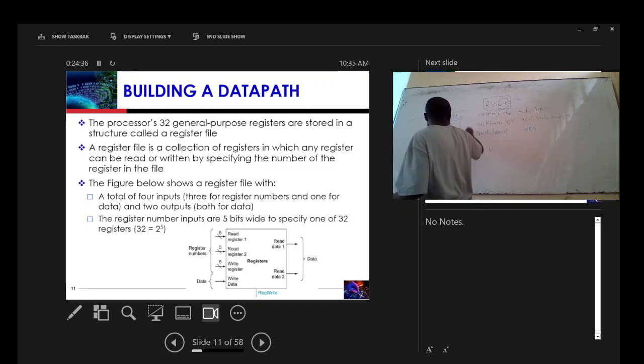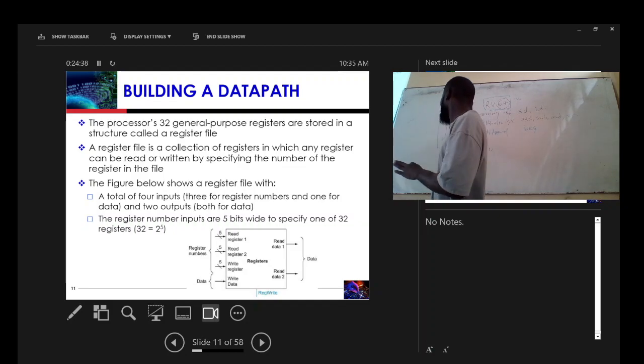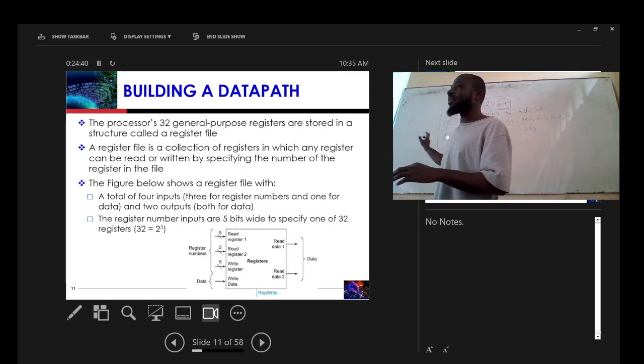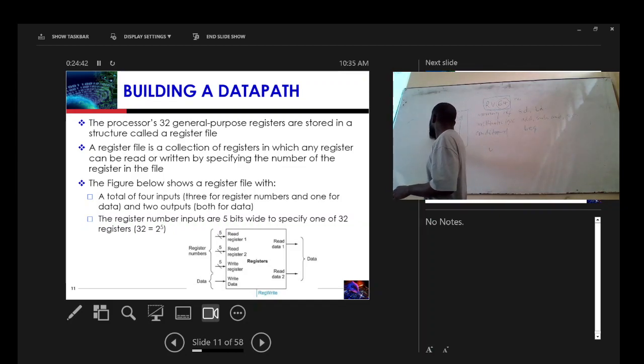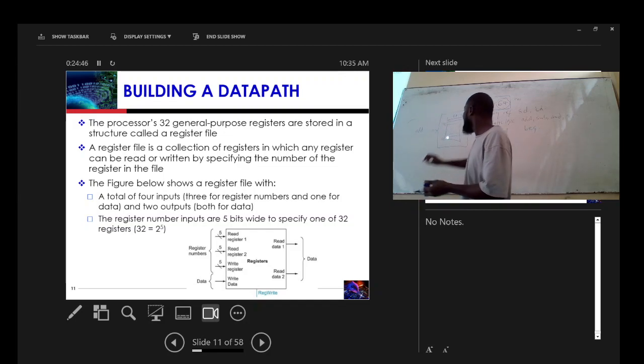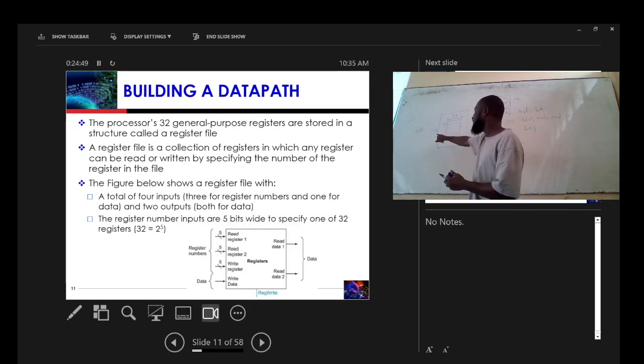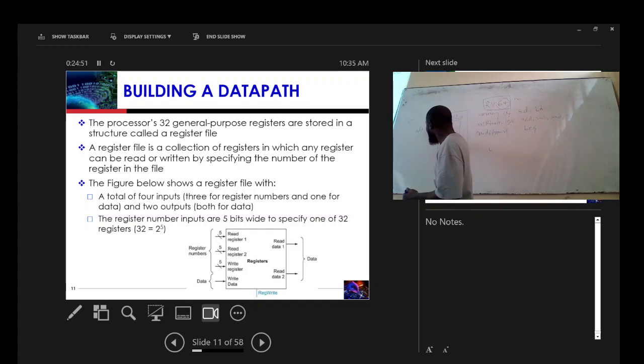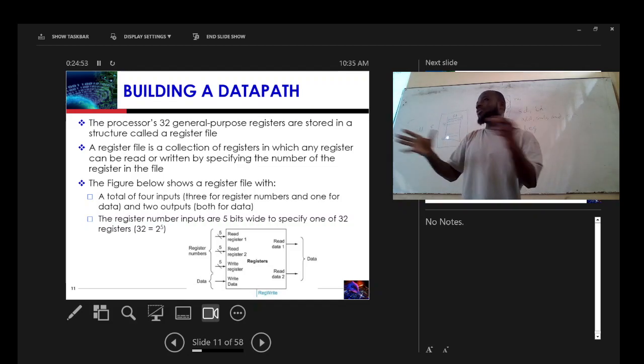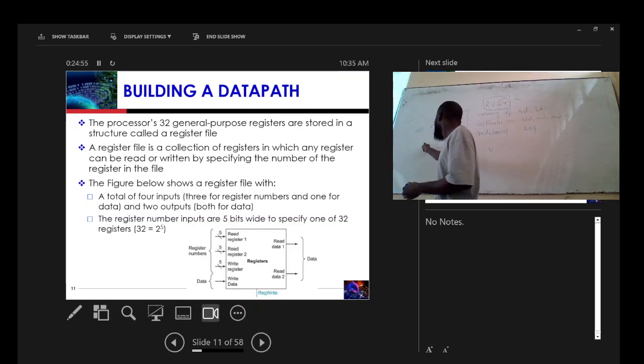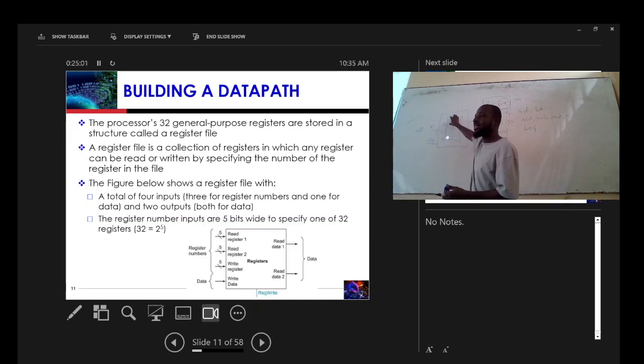Now, to write to this register file, we need an address. That address will address each location. So how many bits is the address? 5 bits. Now we need the data to write to each location. How many bits will that data be? 64, because each location is 64.